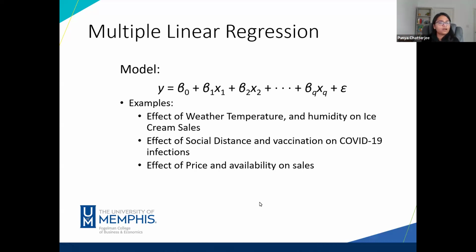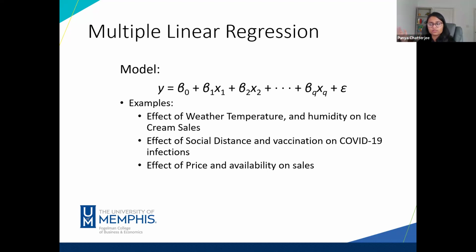Remember our examples of simple linear regression when we talked about dependent and independent variables. We looked at questions like how to predict ice cream sales based on weather temperature. Now my question is to understand the effect of weather temperature and humidity on ice cream sales. So to answer this question in your regression, what's going to be your dependent variable and what's going to be your independent variables?